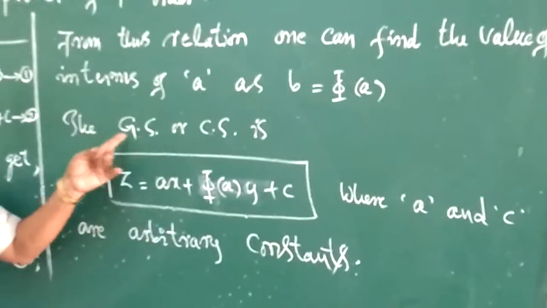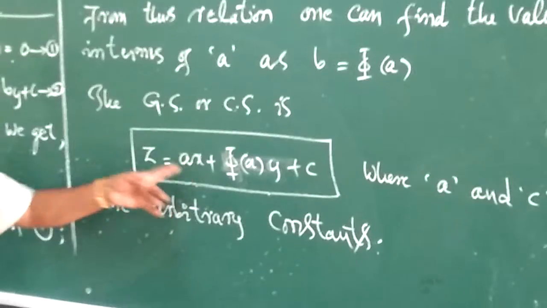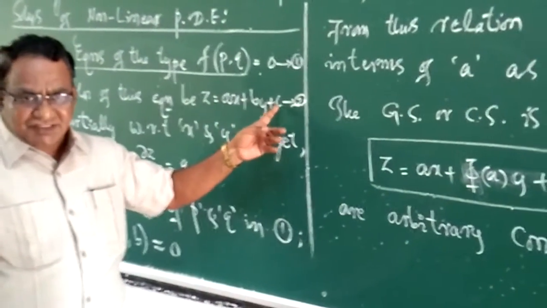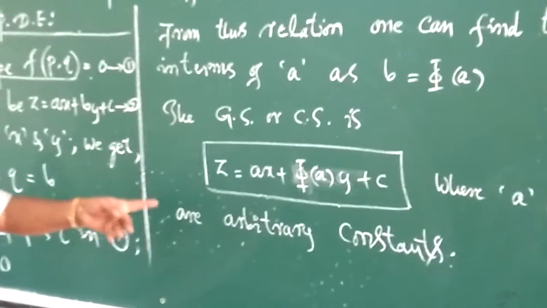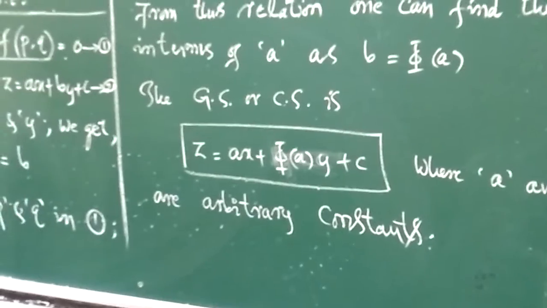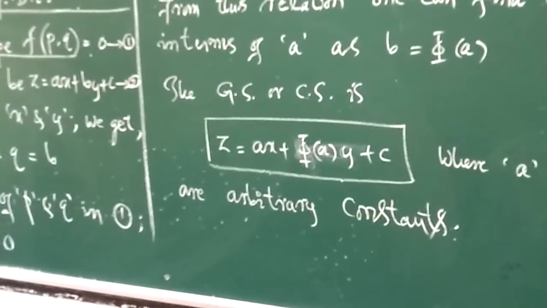Now the general solution or complete solution is given by z is equal to ax, you write it as it is, plus b, instead of b you write phi a, into y plus c. And definitely here a and c are arbitrary constants. This is the required solution.